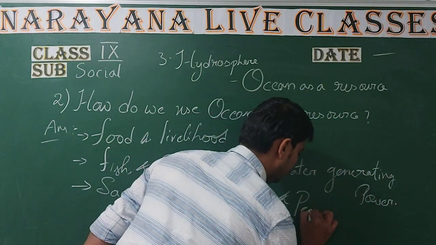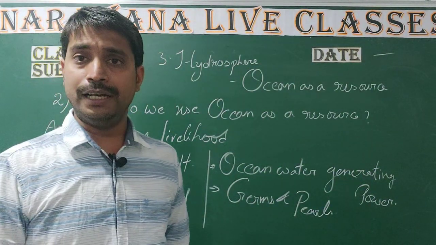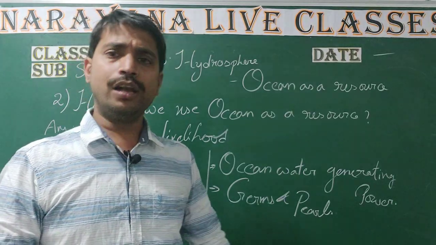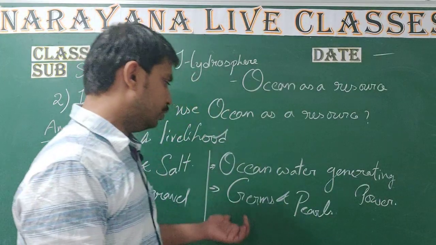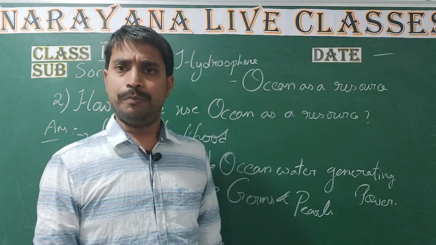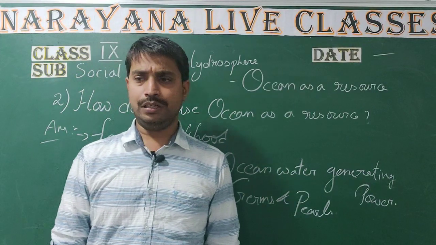Some types of stones have a lot of demand in the market, either in the interior part of the country or in the exterior part. So from where are we getting pearls and gems? From the ocean, from the bottom of the oceanic layer. Clear, children? We are moving to the third one.